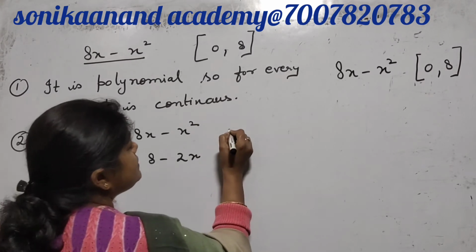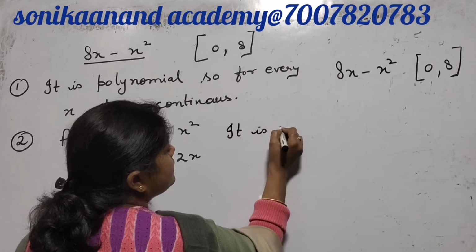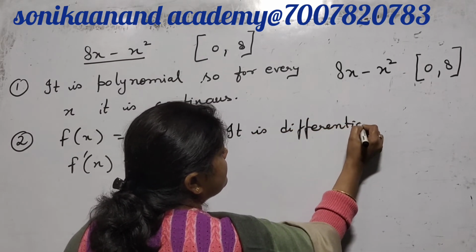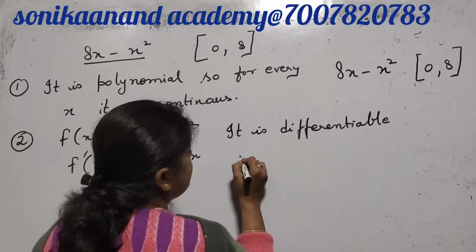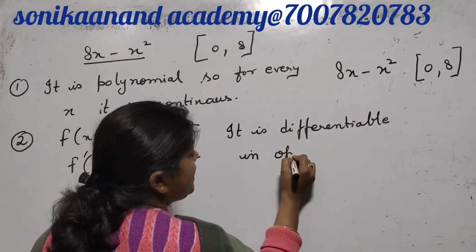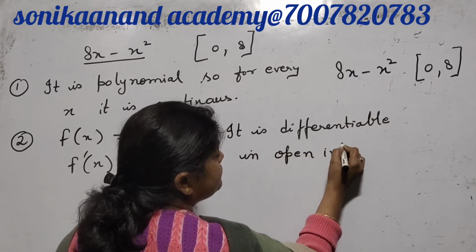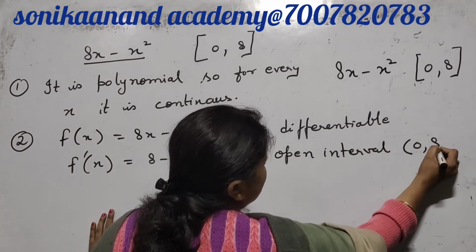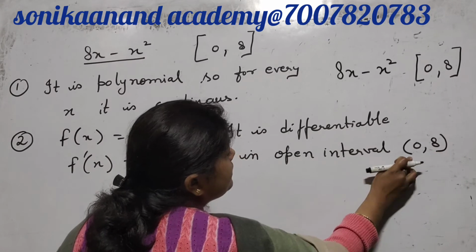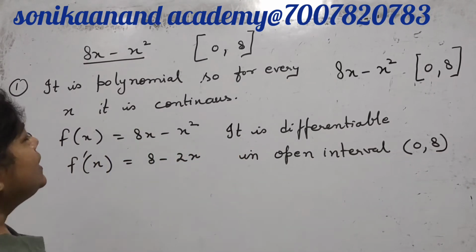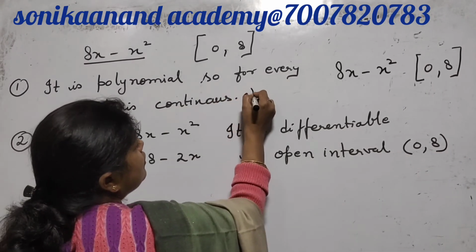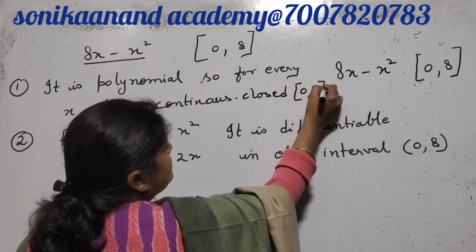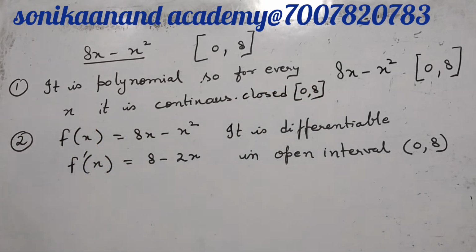So it is differentiable in the open interval (0, 8). Here you have to write in the small brackets. And it is continuous in the closed interval [0, 8]. Now two conditions are satisfied.